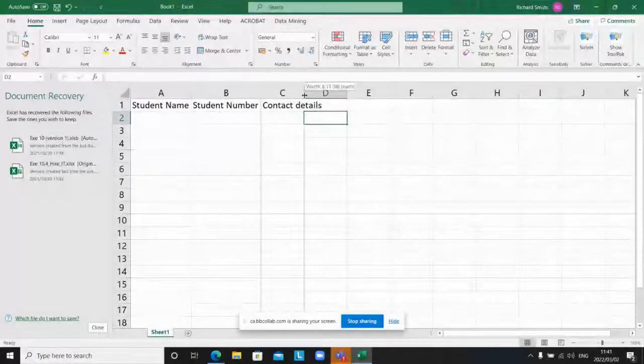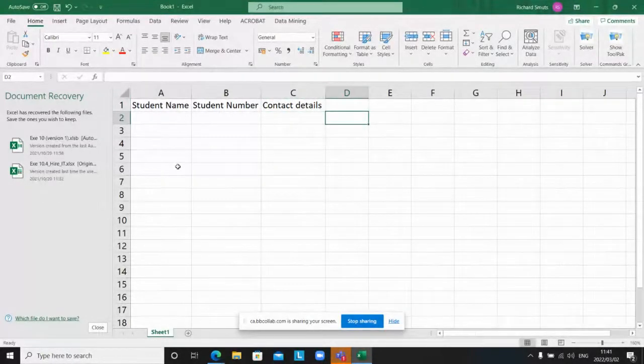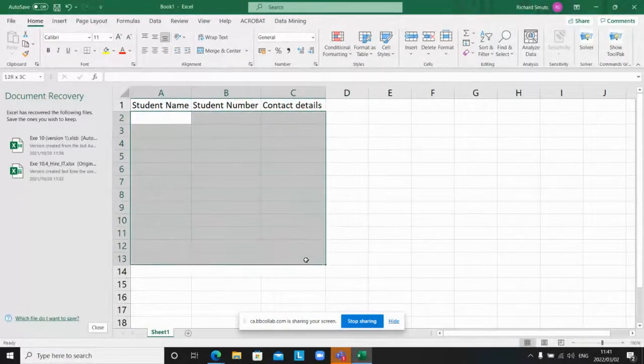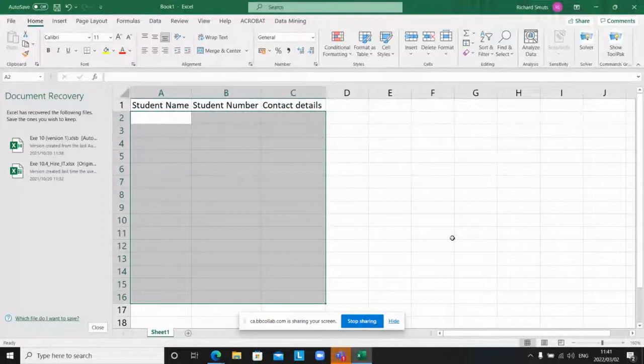Okay, there are just some examples, and underneath here we would go and put all of that information. This is very hard to work with.